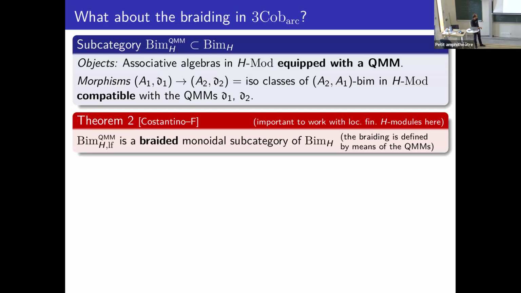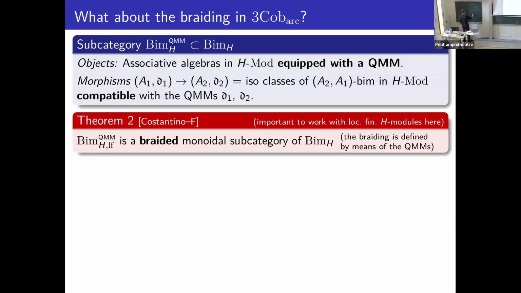Take the simplest ribbon algebra you have in mind. But you want an example of such bimodules? Yeah, this braided modular category, this Bim QMM. You want an example of QMM? Yeah, okay, QMM, yeah, of course.